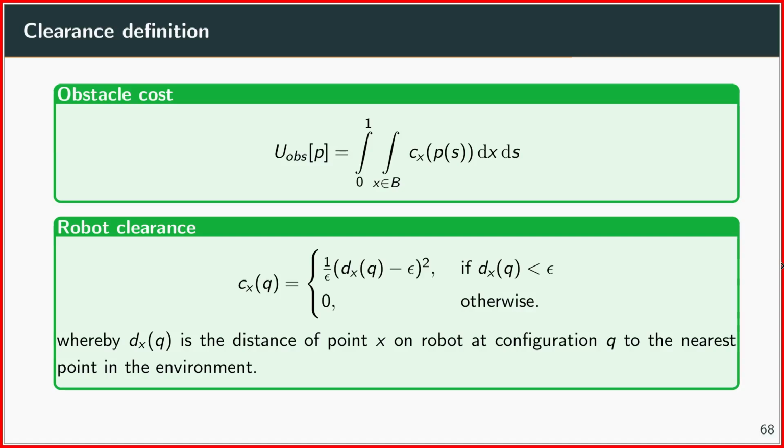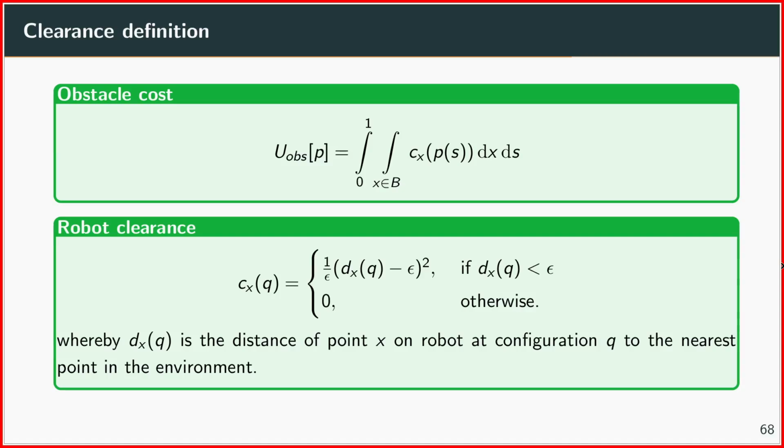And mathematically there are different ways of how you can define this clearance. One way is by evaluating the distance of some point on your robot at a certain configuration. We call it dx of q. This represents the distance from a point on your robot to the nearest point in the environment.